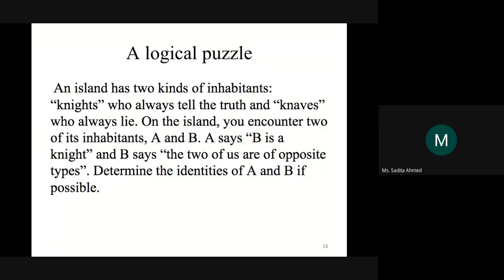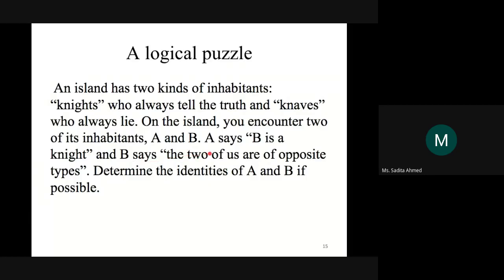Now, if B is a knave, then what B is saying is also a lie. Then this statement, the two of us are of opposite types, no longer has to be true. We know that this statement is false because, based on the assumption that A is a knave, so far we come to the conclusion that B is also a knave.